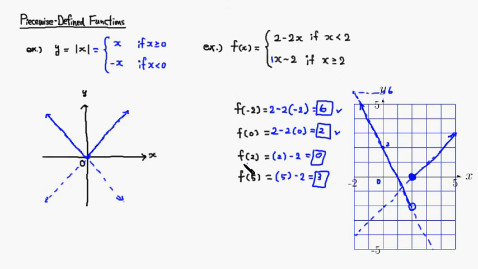And f of 2 is 0. 2 is right here, and there's a dot here, which is 0. So that's right. And f of 5: if you go to x equals 5 and go up, that's 3 right there. So that works out. This is how you evaluate a piecewise defined function: just choose the right formula, then plug in.